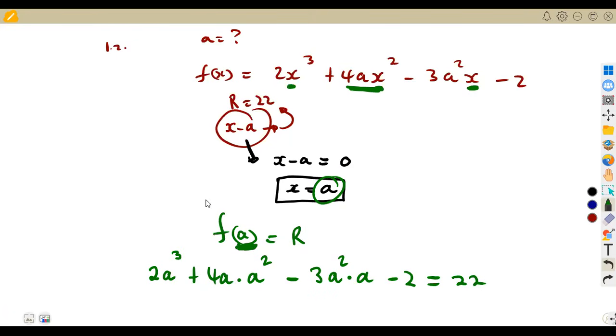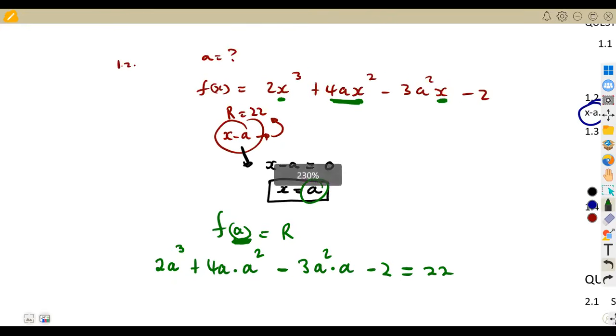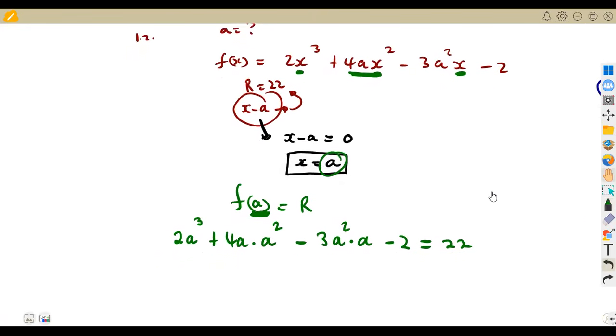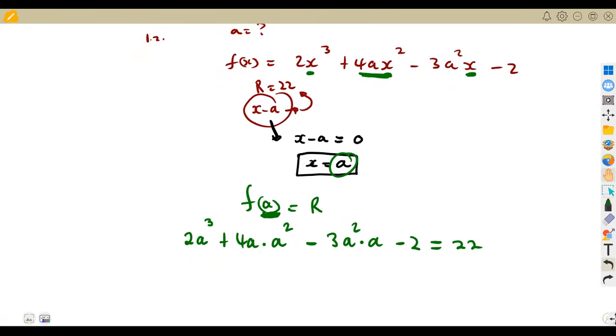By doing so, you can calculate the value of a. As you can see, this is just an equation in terms of a, so you can simplify. That will be 2a cubed plus 4a squared minus 3a minus 2 is equal to 22.